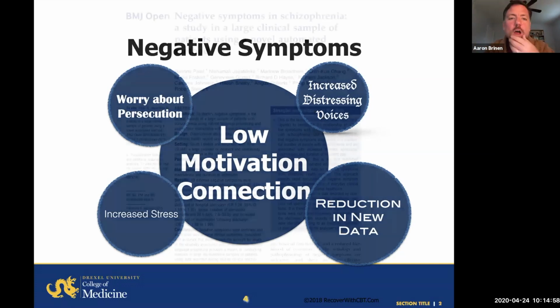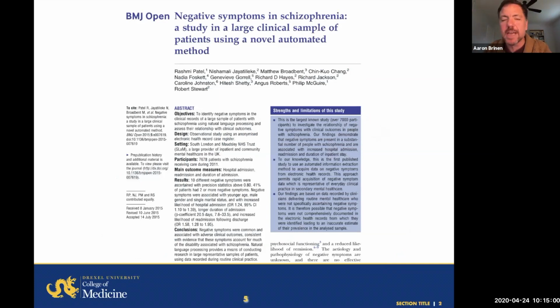So there's also some really interesting research that has come out since I started my work in schizophrenia and psychosis. Because we used to say in workshops, listen, nobody ever got hospitalized for the negative symptoms. And then we found out we were wrong. So this is an interesting study where they found that the negative symptoms are actually much more prevalent than we think.